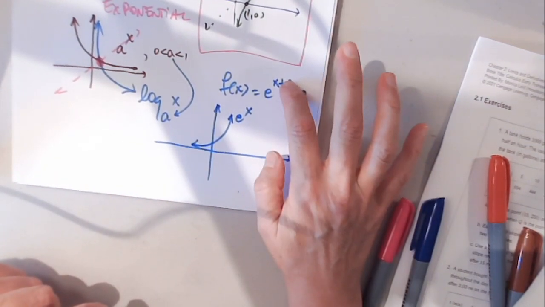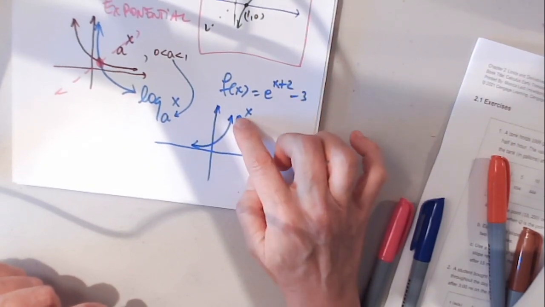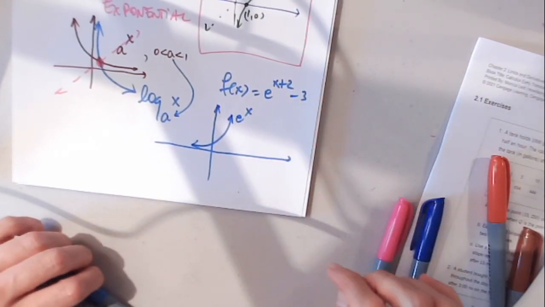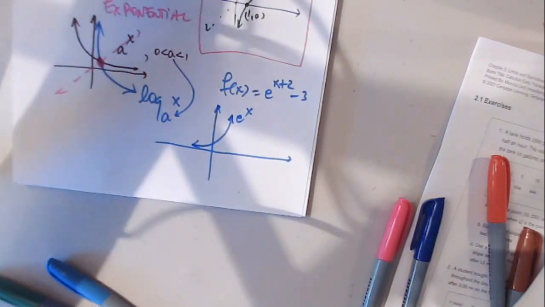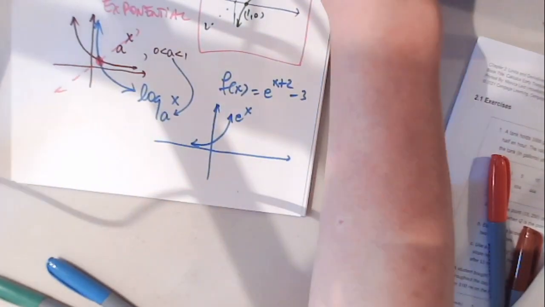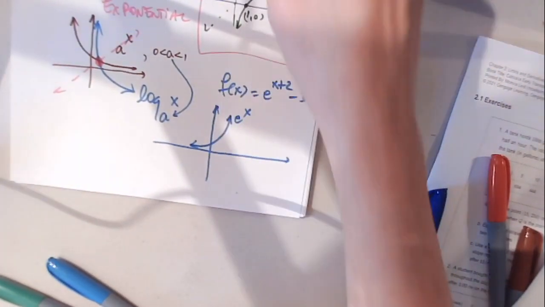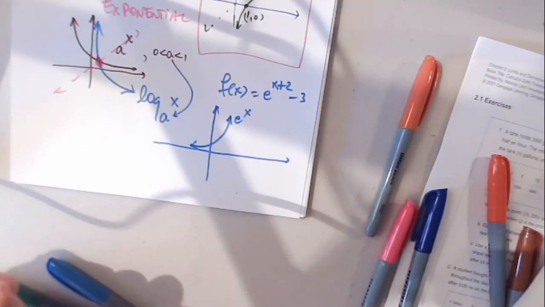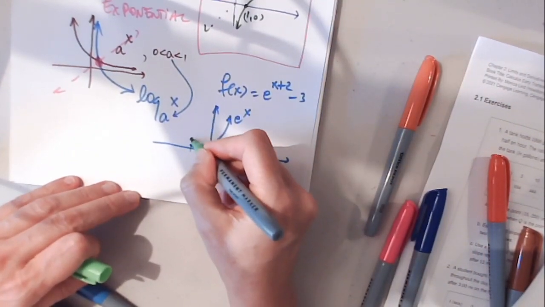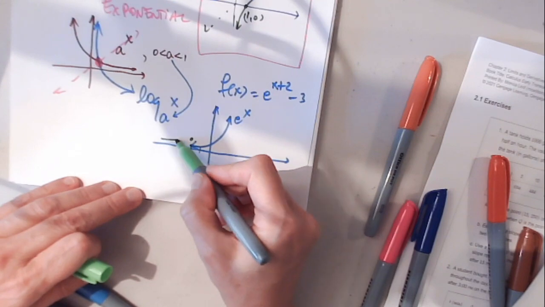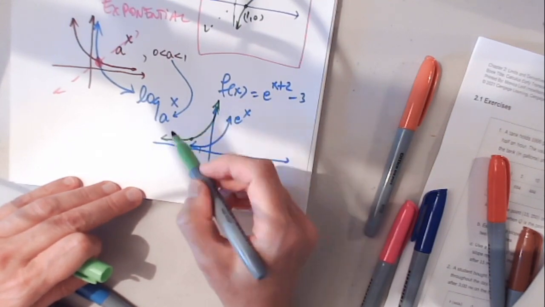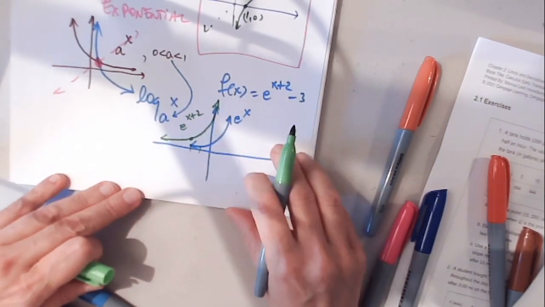What does the change of x plus 2 do to this graph? Anyone remember what transformation this is? Move it to the right, to the left? To the left, yes. And then it shifts down 3. Excellent. Well done. So this will be e to the x plus 2.